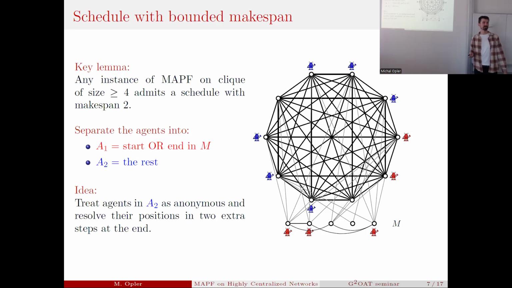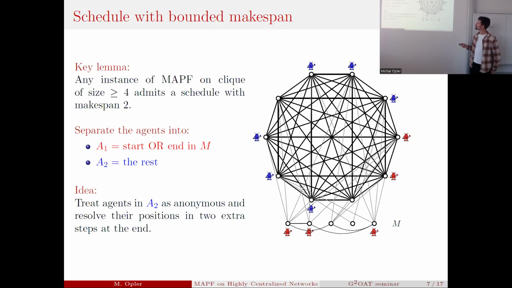So as long as we're not interested in the optimal solution, just showing that there is a short one, we can first compute a solution where we treat these blue agents as anonymous. And at the very end, we rearrange them in 2 steps because we can do so on any 2 configurations on a clique. Okay, does this make sense?